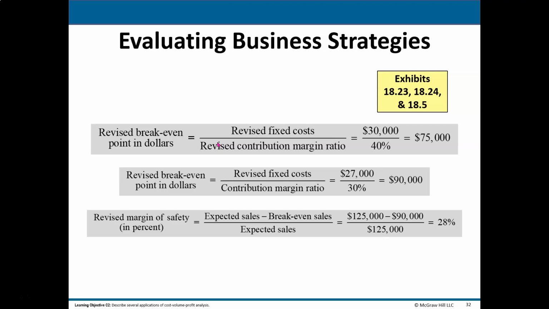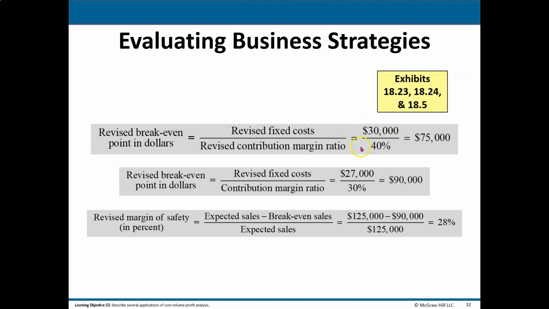But let's say now that I want to take into account buying a new machine. Let's assume that new machine increases my fixed cost from $24,000 to $30,000. But that machine is going to decrease our variable cost by $10 per unit, from $70 per unit to $60 per unit.